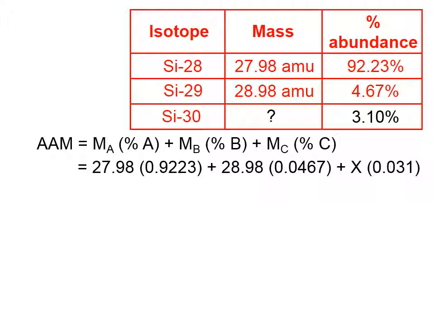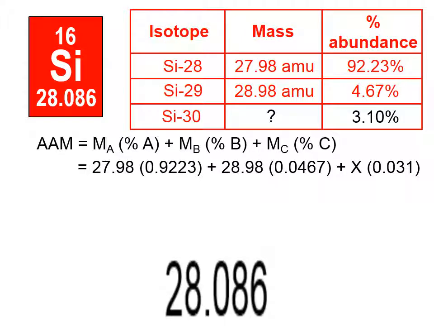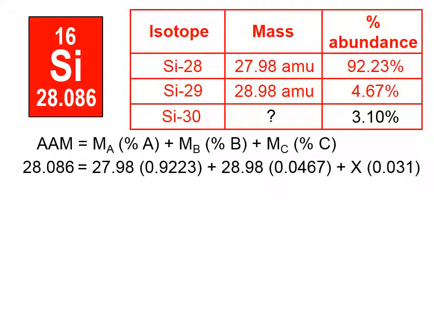Again, I've put all those percentages in decimal form. And we don't know the left side of this equation either. So this equation is not helping us until we realize that the average atomic mass, which is the left side of this equation, is actually shown right there on the periodic table. So 28.086 is the left side of this equation.